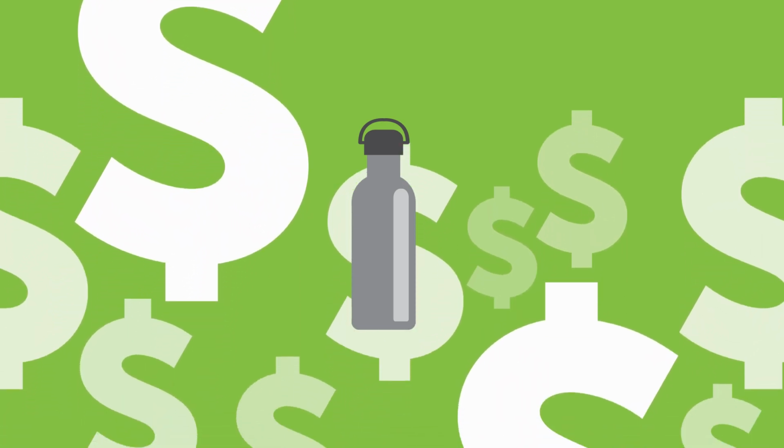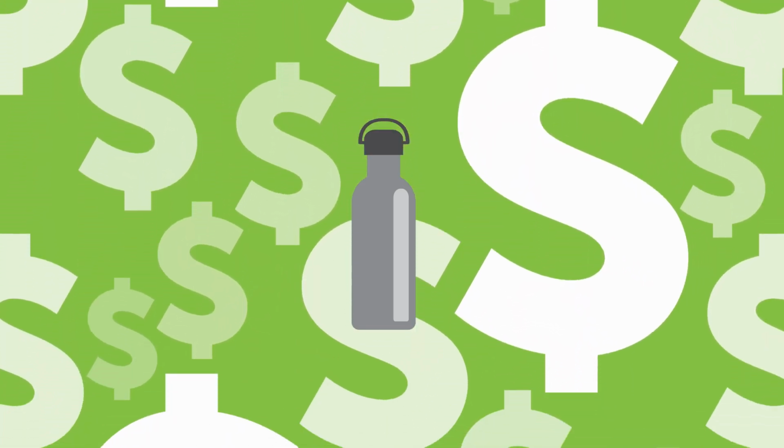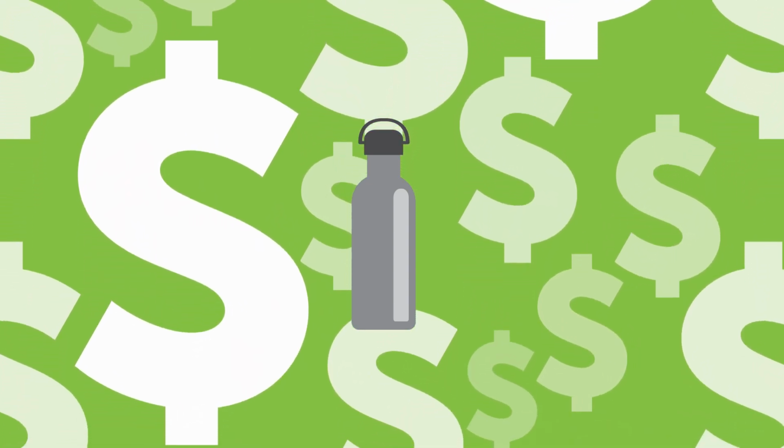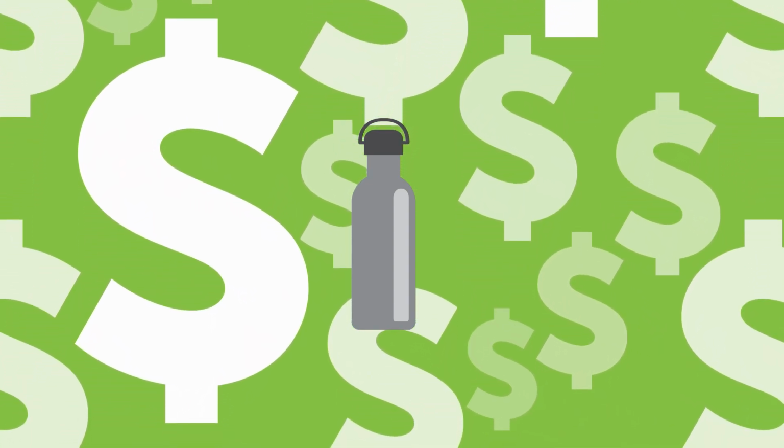For example, a possible obstacle for this solution, buying a reusable water bottle, could be that they can be expensive, usually around $20 to $30. However, you could mention that the average person spends $100 on bottled water every year. So actually having a reusable water bottle could save you money in the long run.